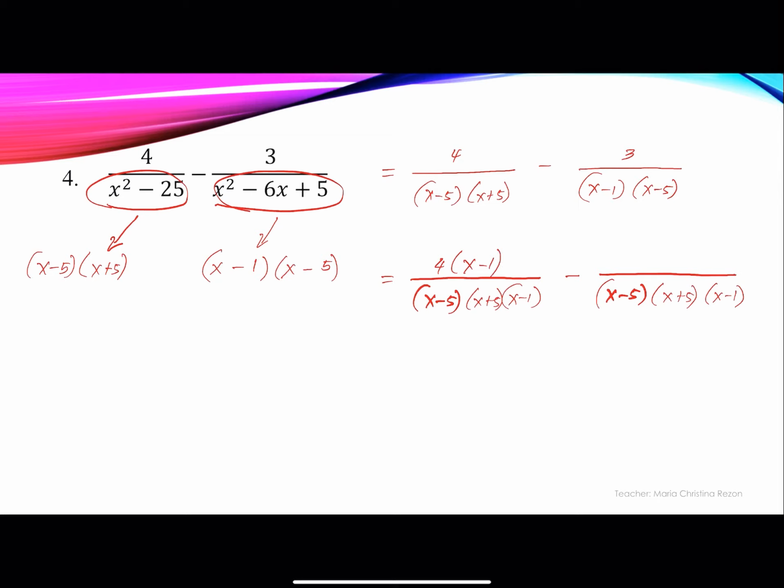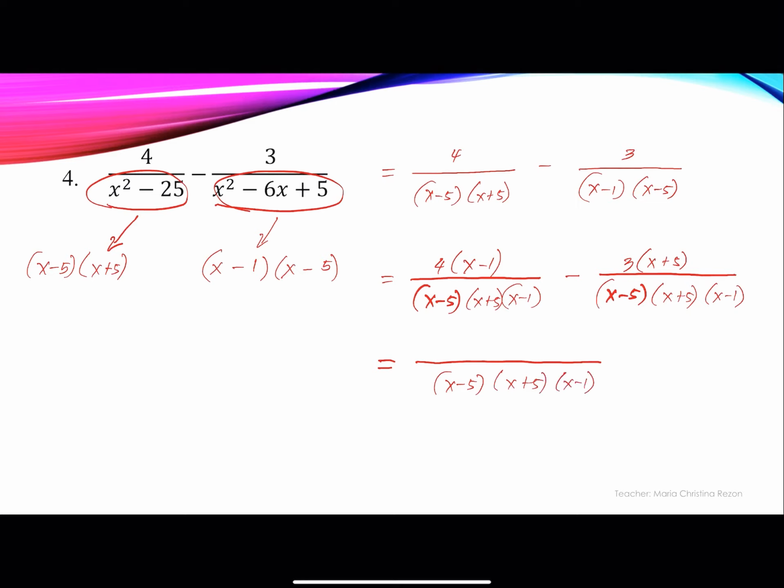And here, what is left is x plus 5, so that is 3 times x plus 5. Then simplify, we will have our common denominator, which is x minus 5 times x plus 5 times x minus 1.